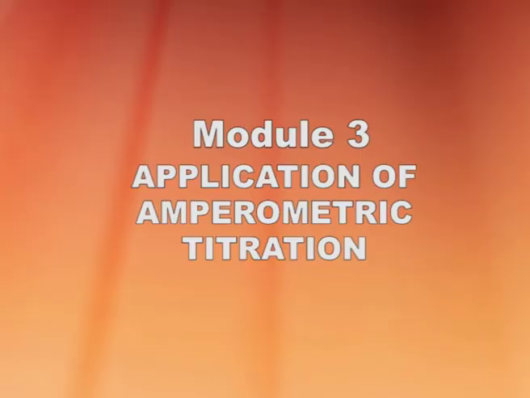Module 3, Applications of Amperometric Titrations. First, it is used for detection of the end point for the titration of substances at millimole per liter level with excellent analytical precision.